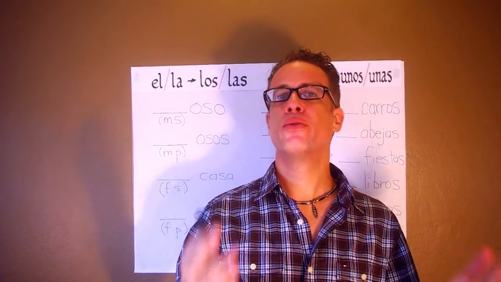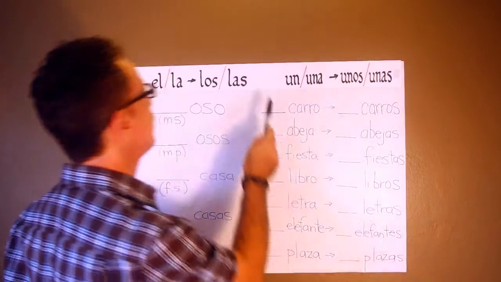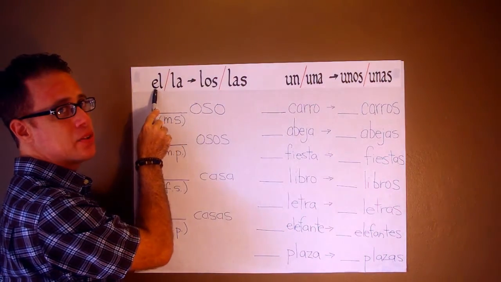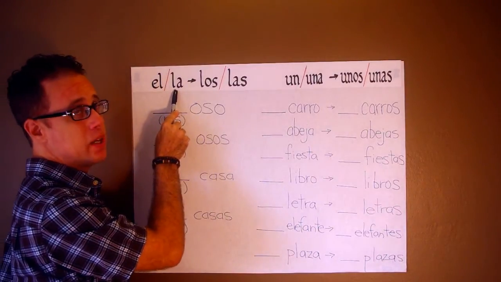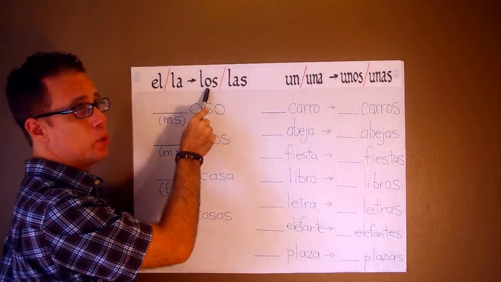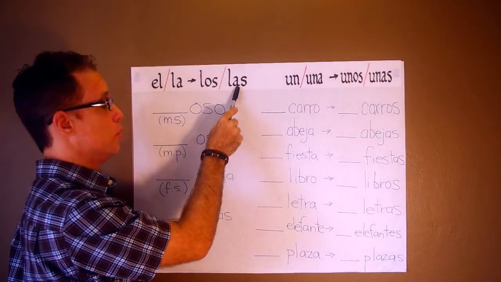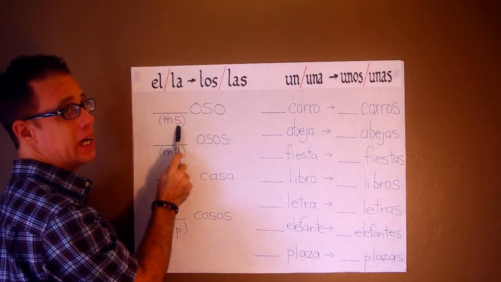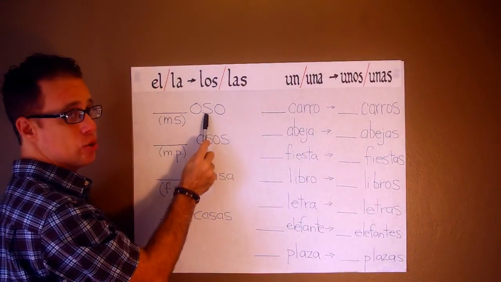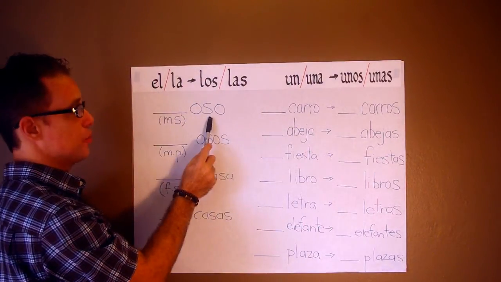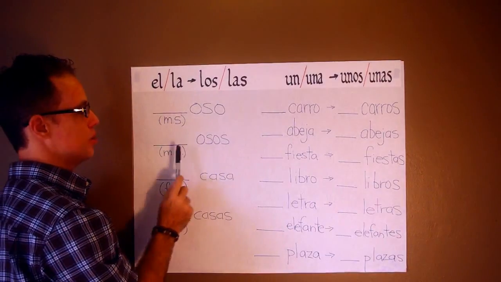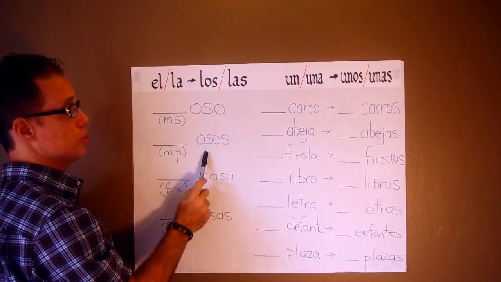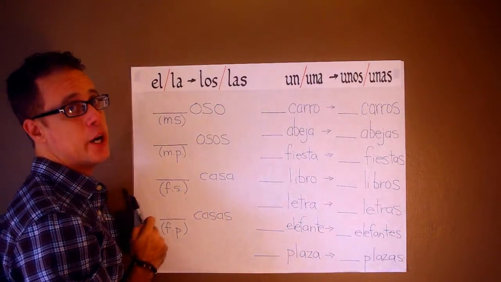Okay, so now let's have some practice with the definite article and indefinite article. Let's do some exercises. We will first review definite article. El, masculine singular. La, feminine singular. Los, masculine plural. Las, feminine plural. If I told you oso is a masculine singular noun, you would use el oso, the bear. If I told you osos is a masculine plural noun, you would use los osos, the bears.